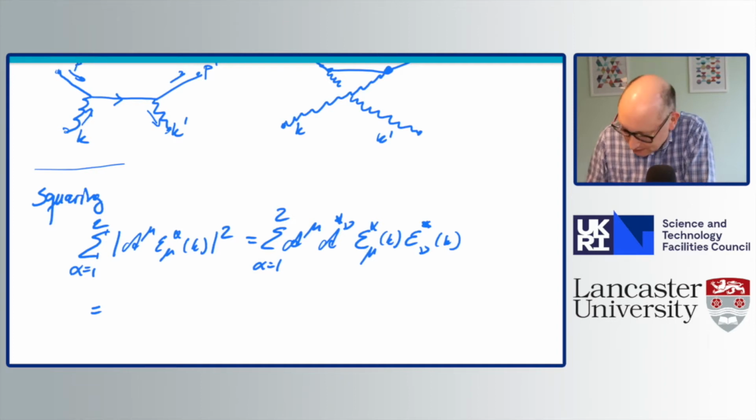So that means that here we will get A i, A star j, and then here we'll get delta ij minus k hat i k hat j.